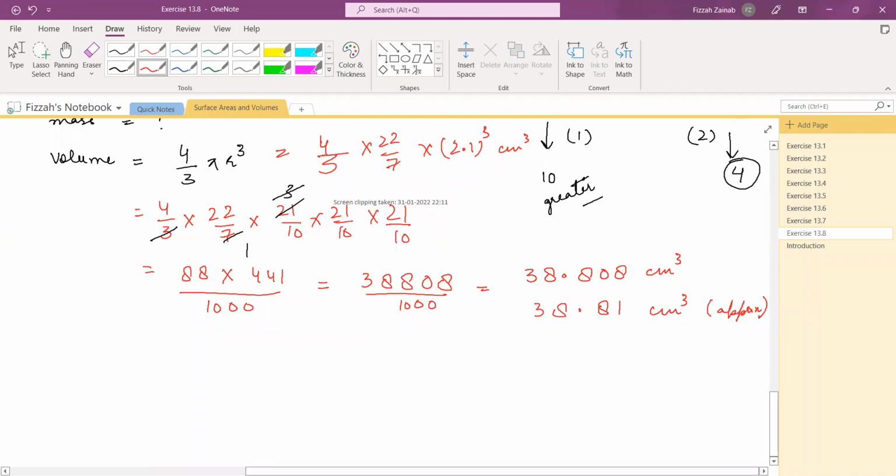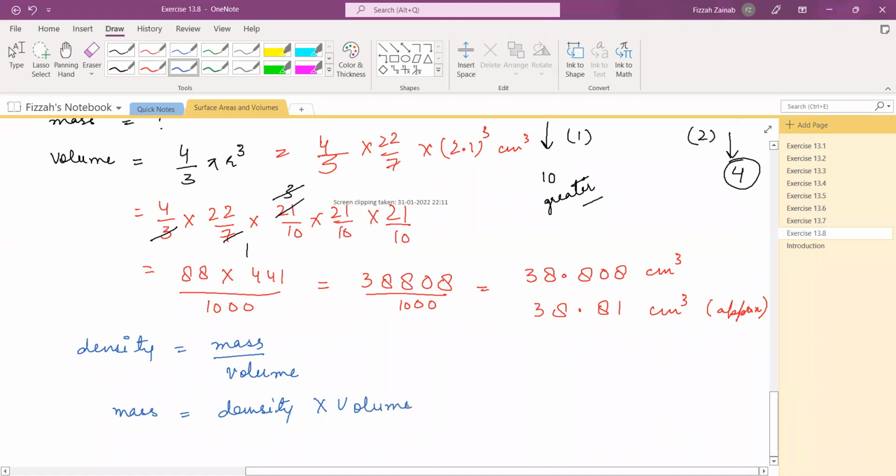Yes, ma'am. Okay. Now use this formula. Density is equal to mass upon volume. So the mass will become density into volume, right? Cross multiplication.